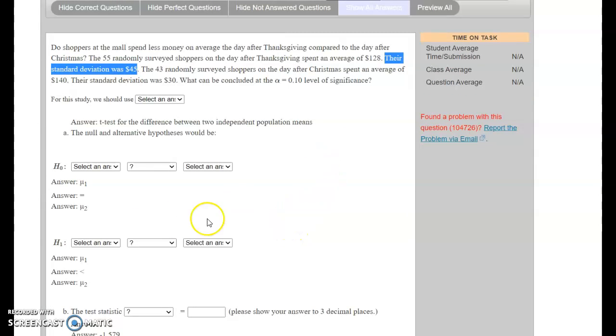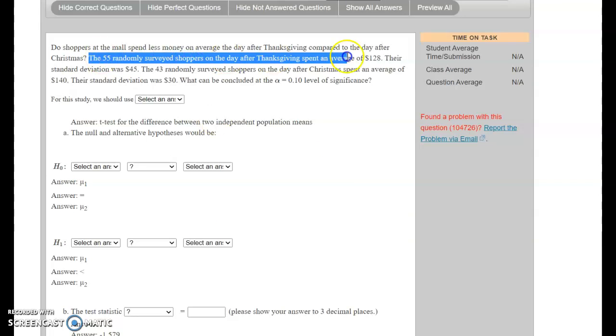All right. So when you're looking at this, they say we took a sample of 55 shoppers that had this average of 128 and a standard deviation of 45. Okay, so that highlighted couple sentences there tells you where that standard deviation is coming from. It's not coming from all the shoppers in the world. This standard deviation is just coming from this little sample of 55 shoppers.